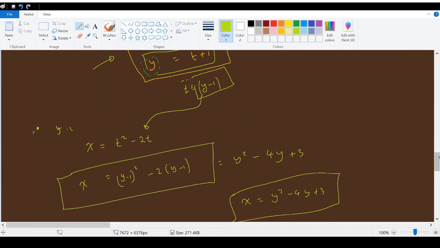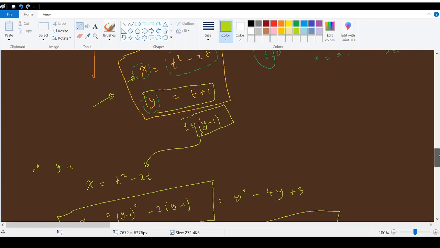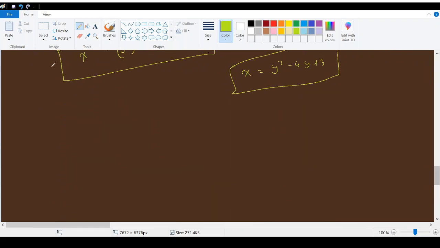So just keep in mind that there are some situations where we can extract a direct relationship between x and y, and eliminate the third variable by doing some mathematical calculations. That's the first point that I wanted to mention.